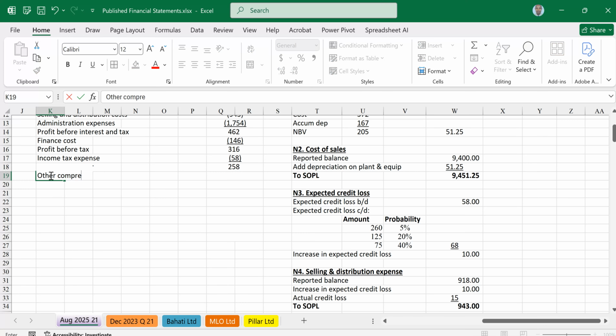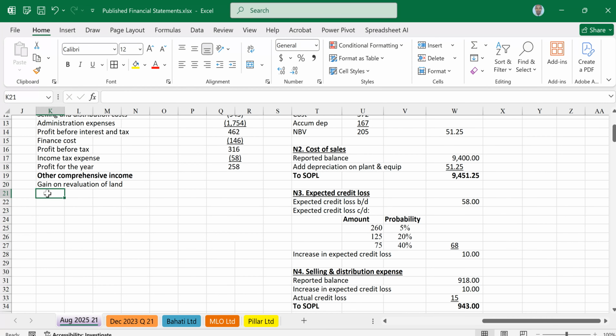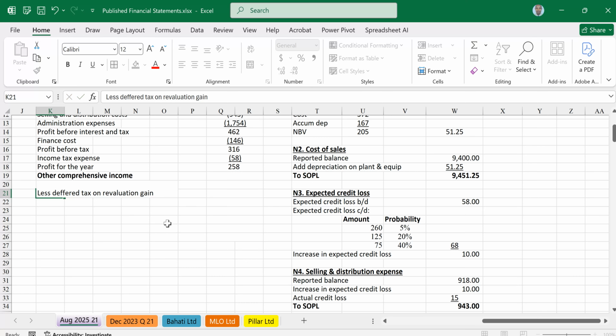Other comprehensive income: gain on revaluation of land, less the deferred tax on the revaluation gain.